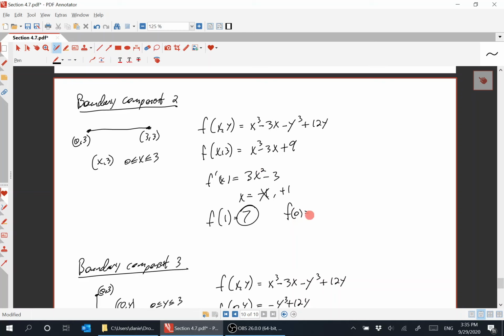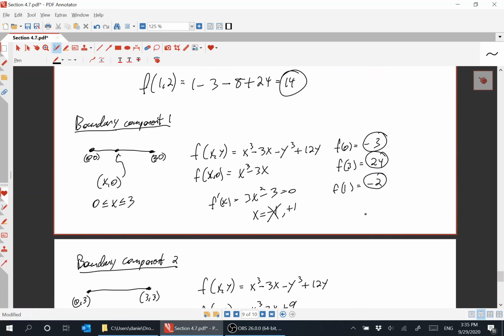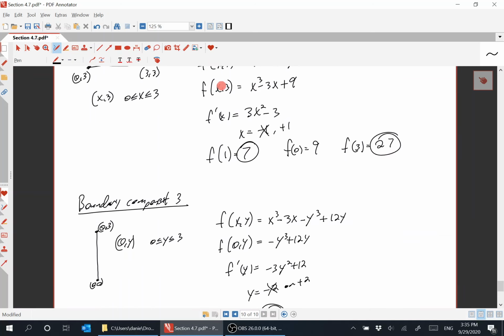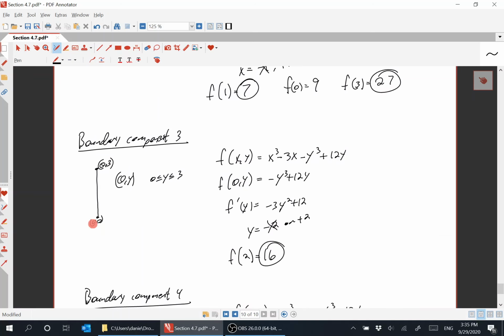F of 0 is 9, and then f of 3 is 27 minus 9 plus 9, 27. So we've checked all 4 of those corners: 0, 0, 3, 0, 0, 3, and 3, 3. So there's no need to check them again because the values don't change.